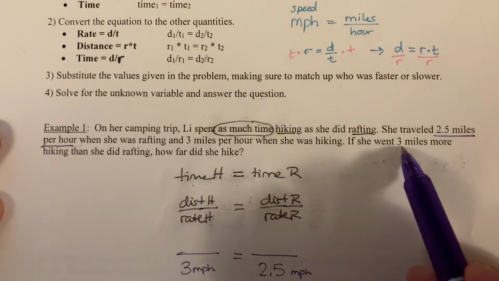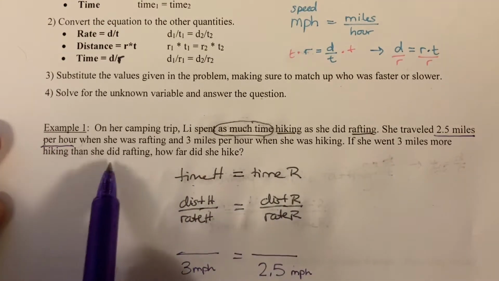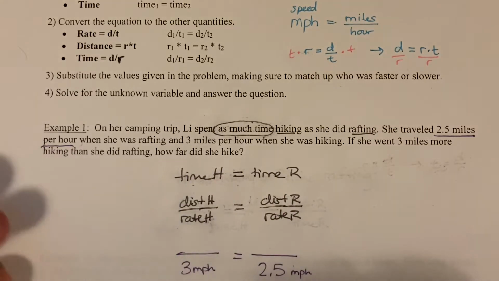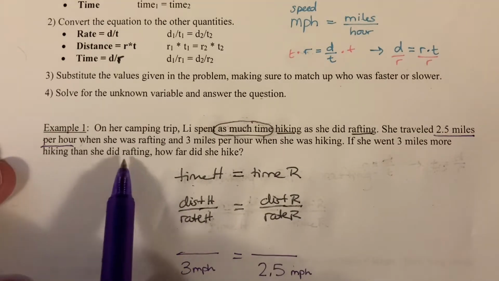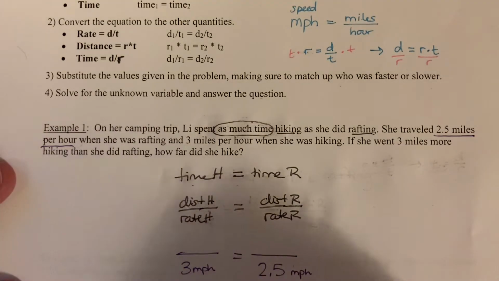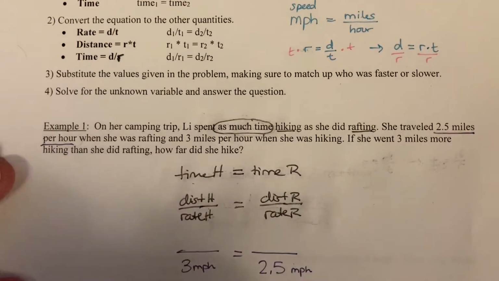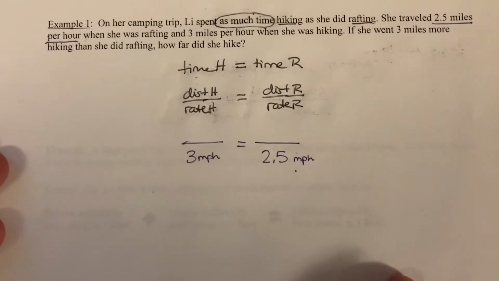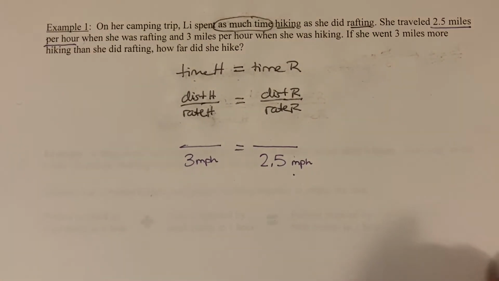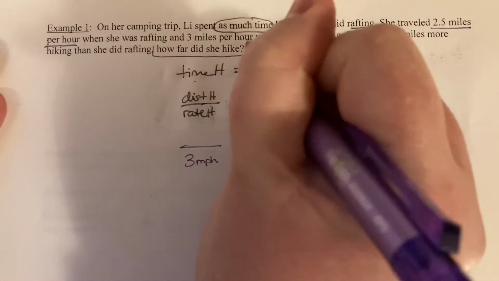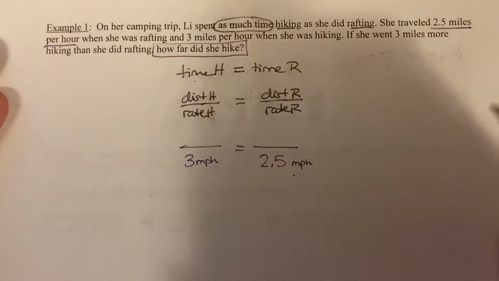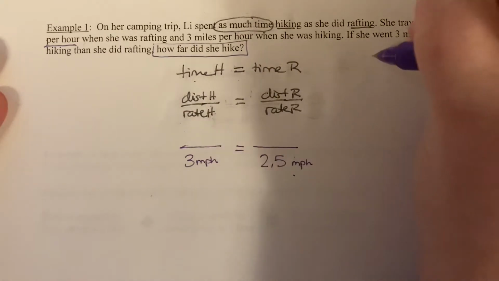If she went 3 miles more hiking than she did rafting, how far did she hike? All right, so we have the rafting and the hiking, and we got to decide which ones are variable, and you can do it multiple ways. Since they're asking how far did she hike, I'm going to let that be x.